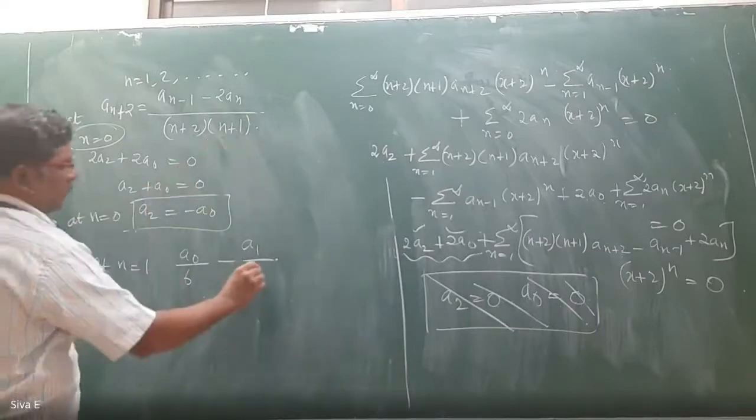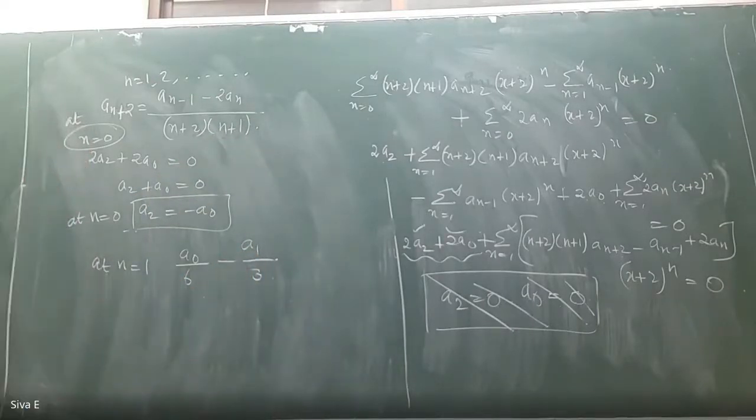So 2 get cancelled. a1 by 3. So a3 is a0 by 6 minus a1 by 3.